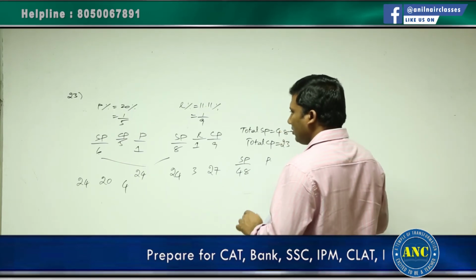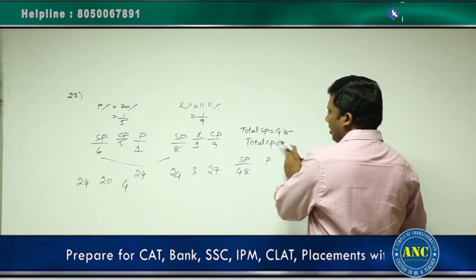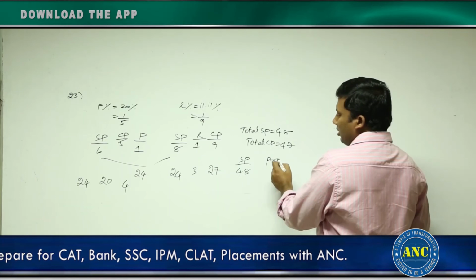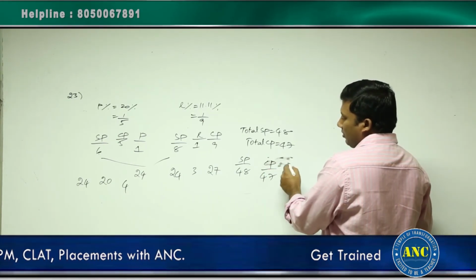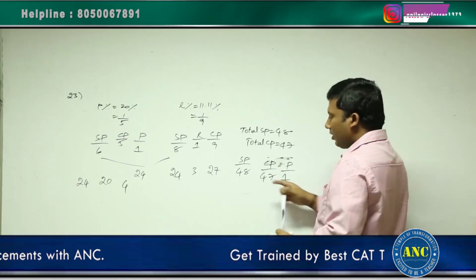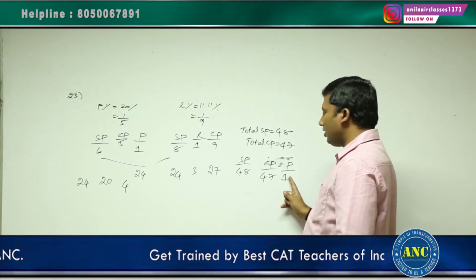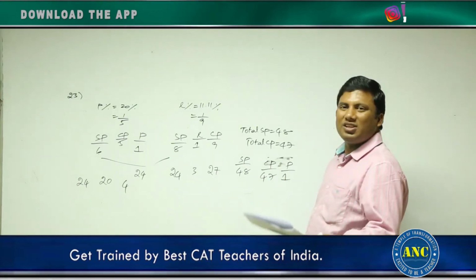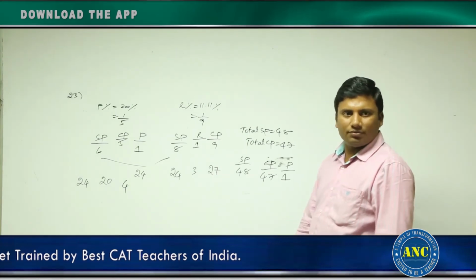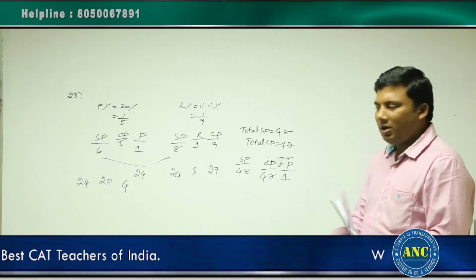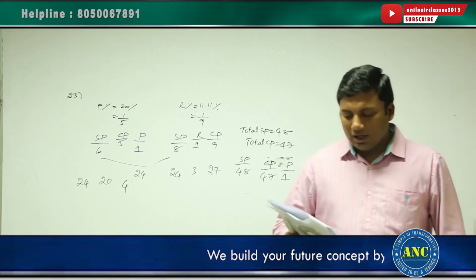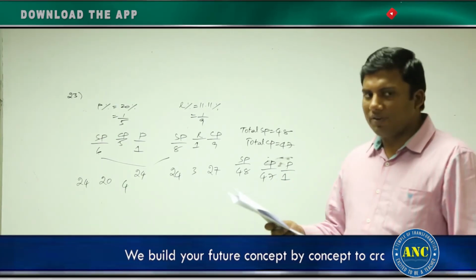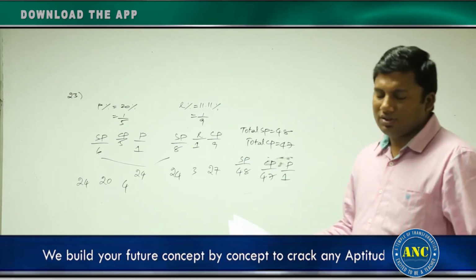Cost price is 47. Right? SP 48, CP 47. Profit will be 1. SP, how much it is given? 12,000. Please use this method. This will give you the answer very fast. Right? Profit percentage.